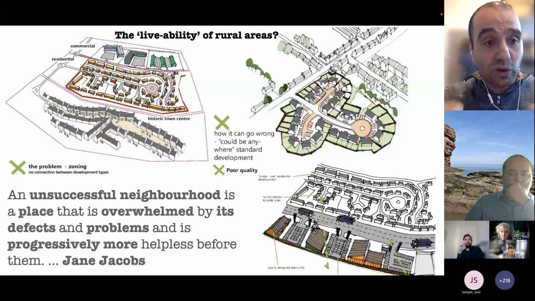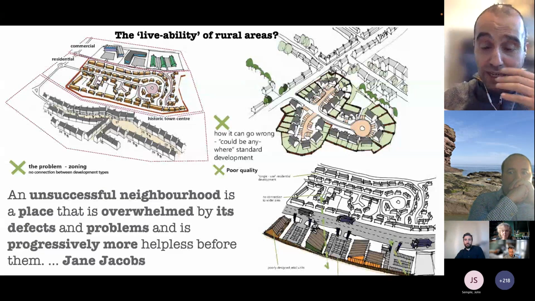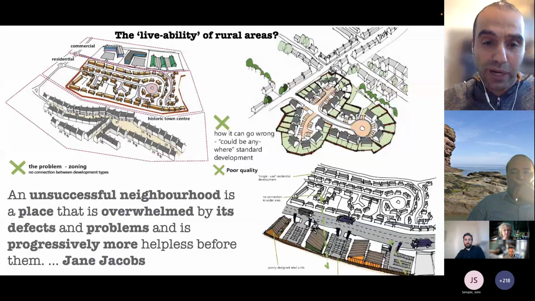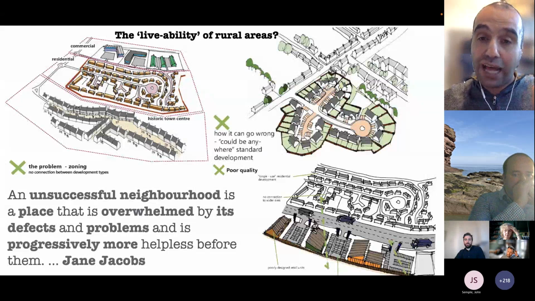And driven by this concept of zoning where everything is separate, no linkages between commercial, residential, or even linkages with historical towns. And this is, as Jane Jacobs said, an unsuccessful neighborhood is a place that is overwhelmed by its defects and problems and is progressively more helpless before them. So this is the challenge, and this is a challenge for me for all rural areas.